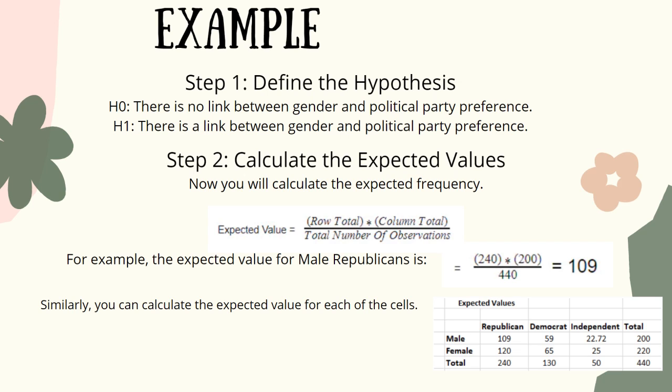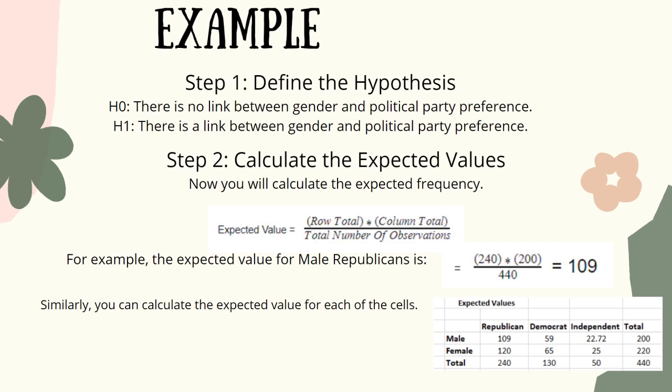For H0, there is no link between gender and political party preferences. And H1, there is a link between gender and political party preferences. Now, there is a difference between H0 and H1.